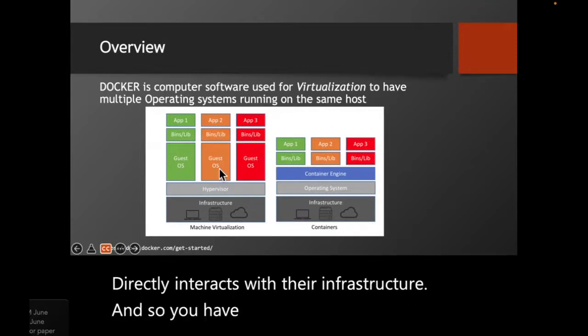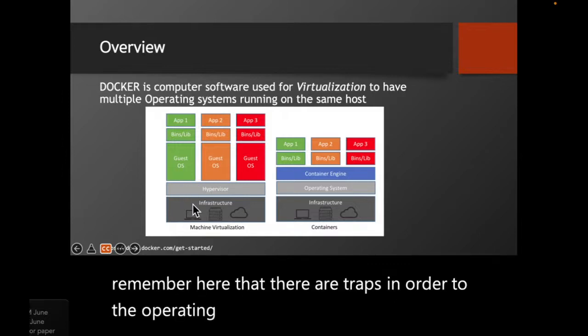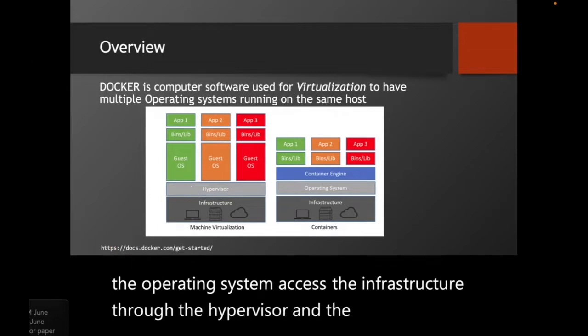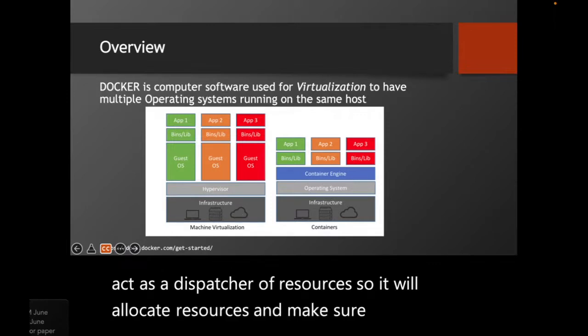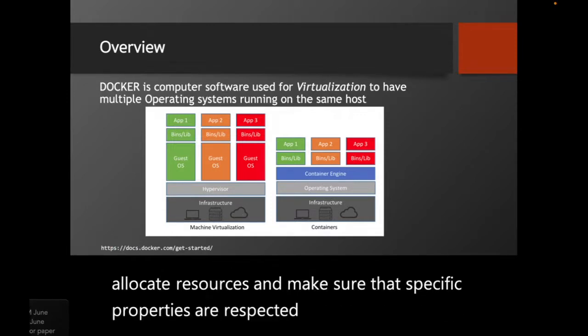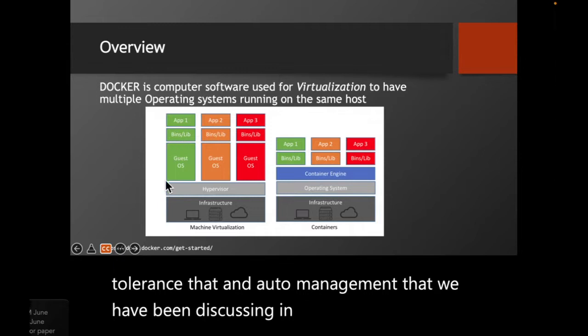And you have your guest OS, and you remember that there are traps in order for the operating system to access the infrastructure through the hypervisor, and the hypervisor will act as a dispatcher of resources. So it will allocate resources and make sure that specific properties are respected, like isolation, fault tolerance, and auto management that we have been discussing in the regular course.